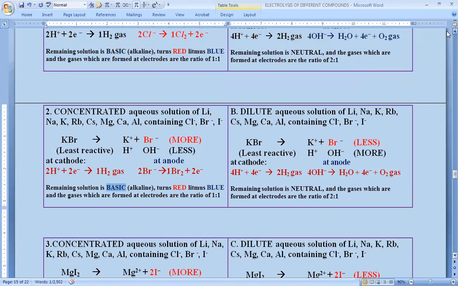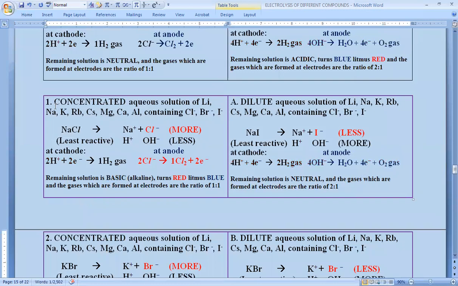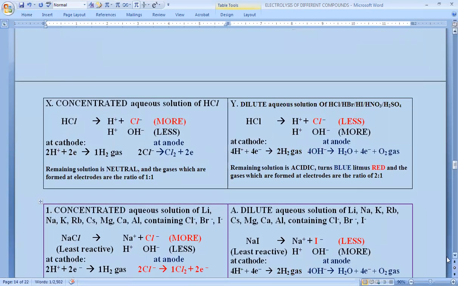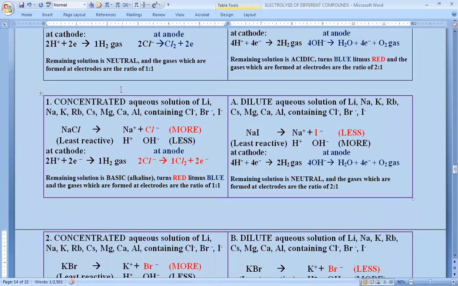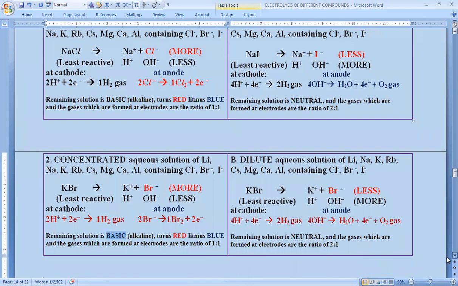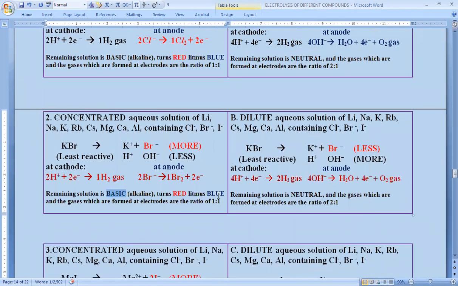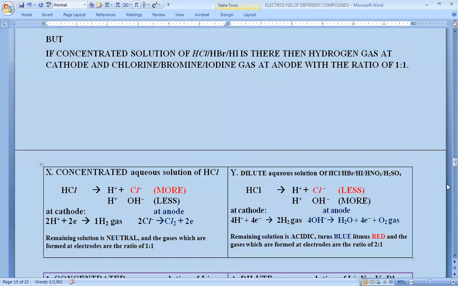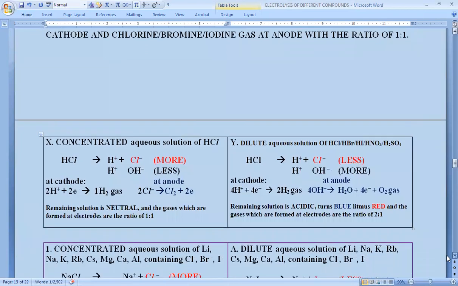Same as above, when concentrated HCl is electrolyzed, the solution is neutral. When a concentrated aqueous solution of an ionic compound is electrolyzed, the resulting solution is basic, which turns red litmus blue, and the ratio of gases is 1 to 1. Only in the concentrated case of HCl, the solution is neutral.